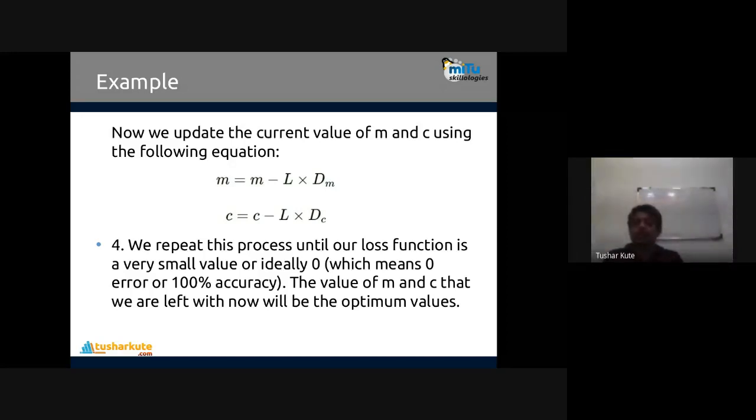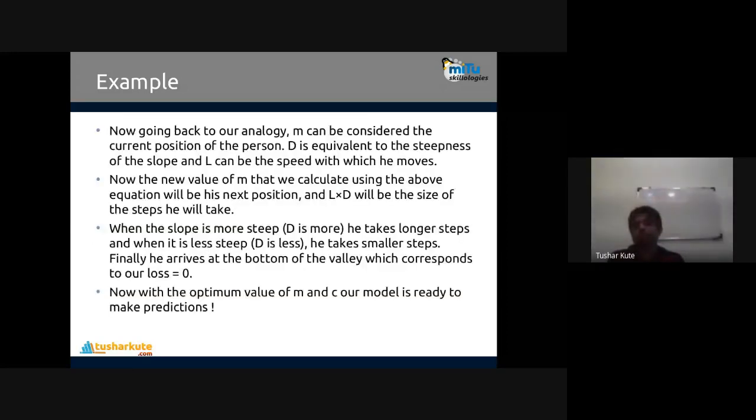So the values of m and c that we are left with now will be the optimum values. The optimum is the line of best fit. With the gradient descent algorithm, we use the partial derivative, and with the help of it, it is possible to build the line of best fit in linear regression.